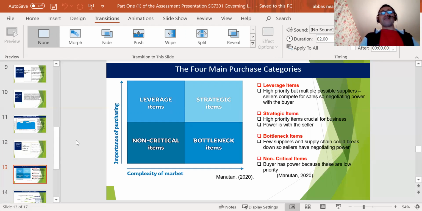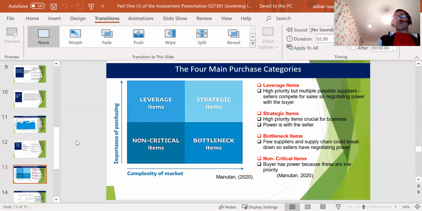Non-critical items have little impact on an organization, therefore the buyer is in a strong position when negotiating purchases. Leverage items have an impact on the business but also could be supplied by many. This allows the buyer to negotiate between suppliers and make cost savings. This puts the sellers in competition with each other.